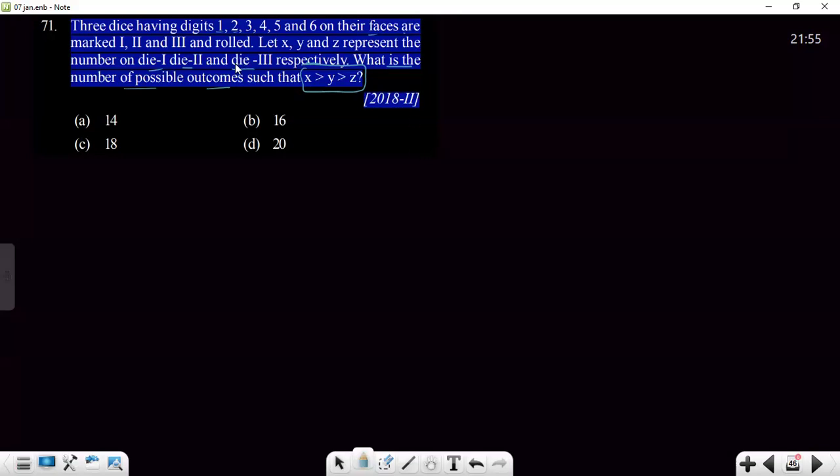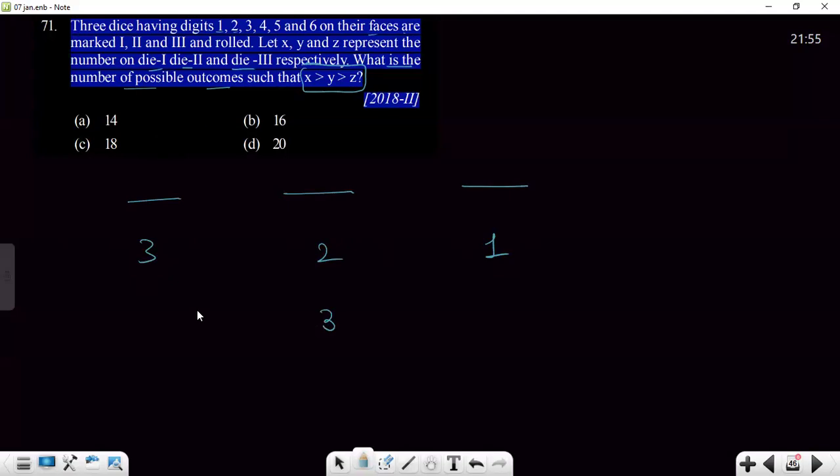But to solve this particular question, we'll have to make a table. For the first die, second die, and third die, we'll start by filling the third die first, because it should have the smallest number. If there is 1 here, there can be 2, there can be 3 here.